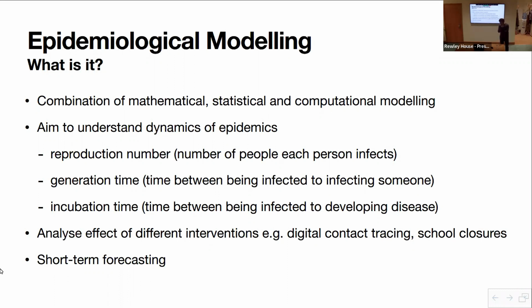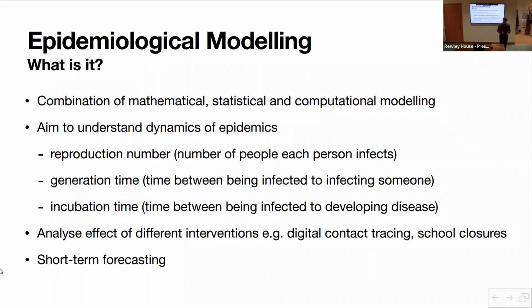Understanding which one works depends really upon the characteristics of the epidemic, how it's transmitted. So these three numbers: the reproduction number, the generation time, and the incubation time. Different measures will work depending upon those things.